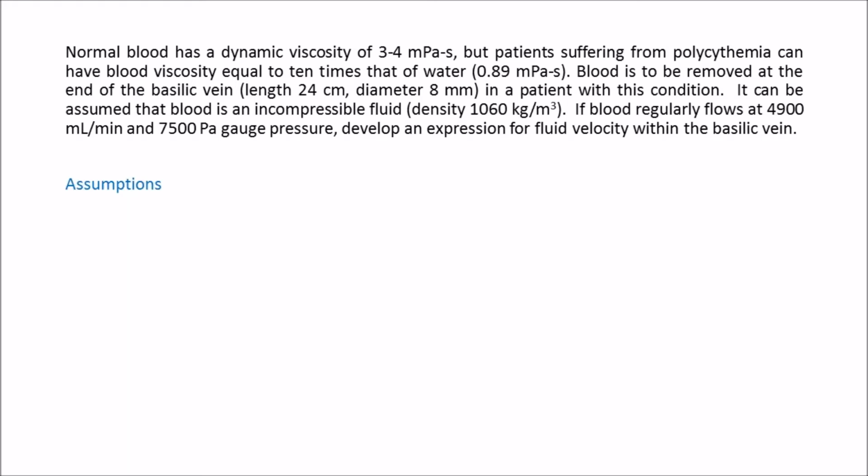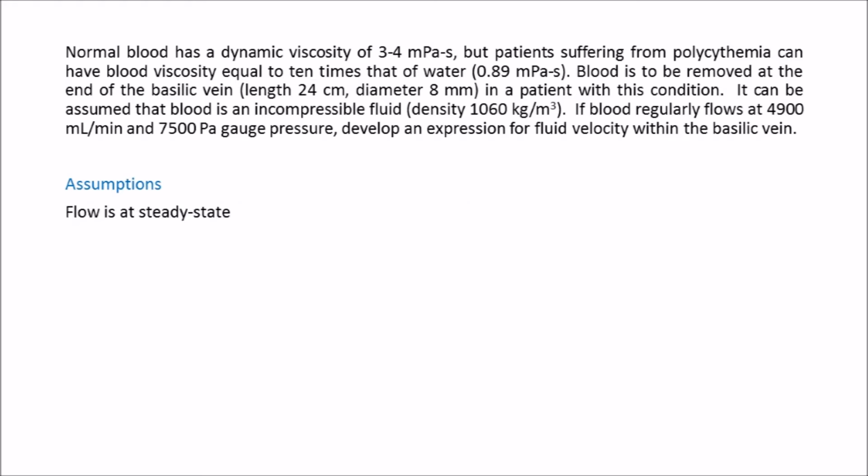Before we begin working with equations, let's list our assumptions. We assume that the vein is long enough that end effects are negligible. This means that velocity does not vary with z. And so we can say that the derivative of vz with respect to z is equal to 0.